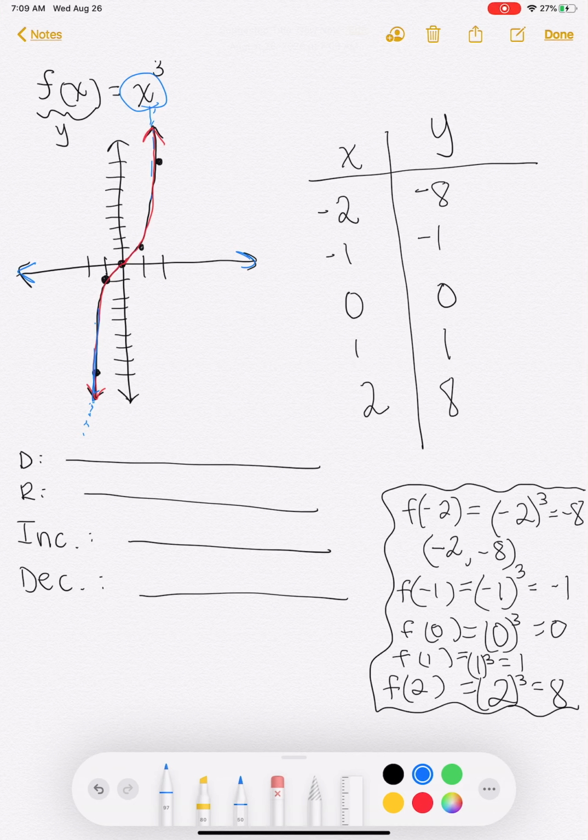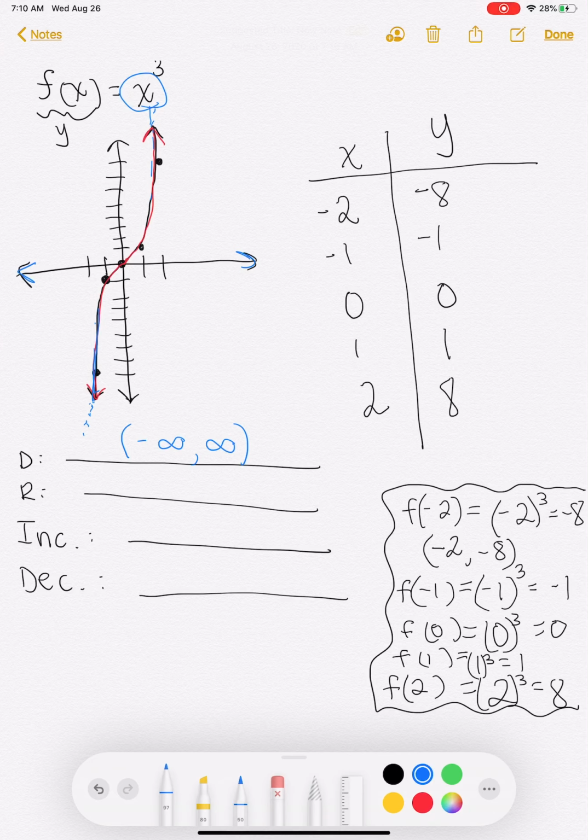So for the domain, we can say all real numbers, or from negative infinity to infinity. I'm going to do interval notation. And if you remember from Algebra 2, infinity gets parentheses because it is a concept, not an actual number. So we use parentheses when we're not actually equal to something.